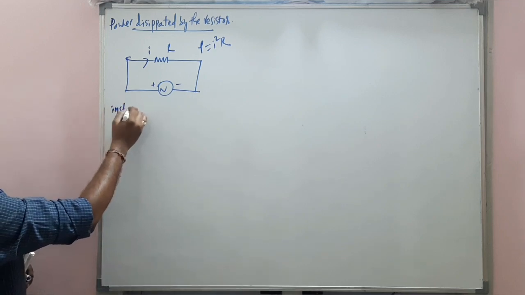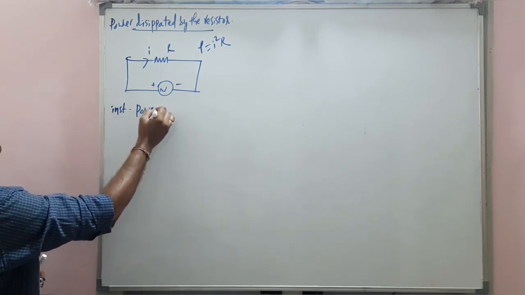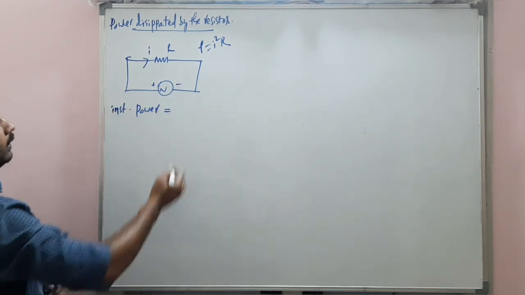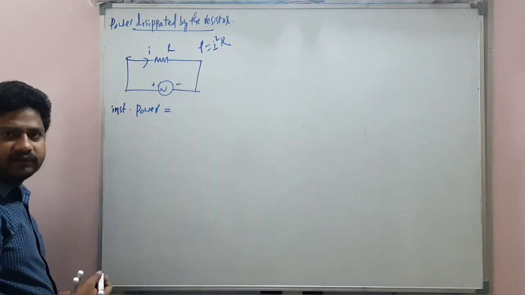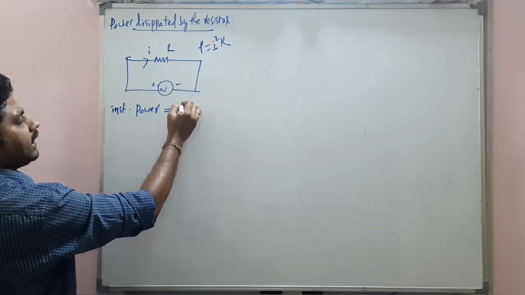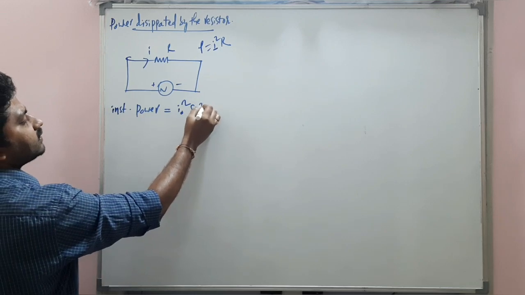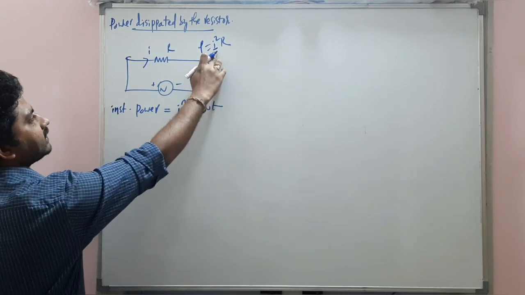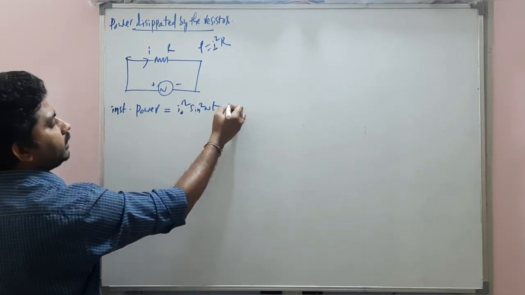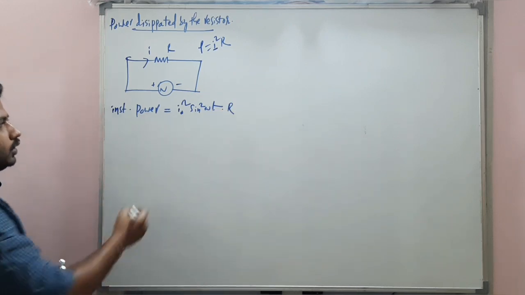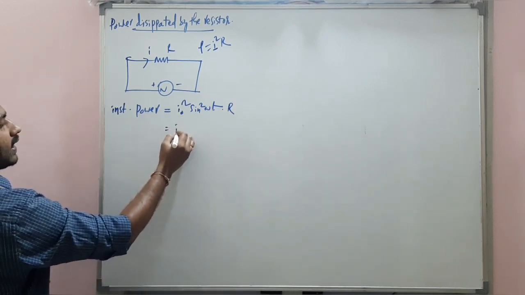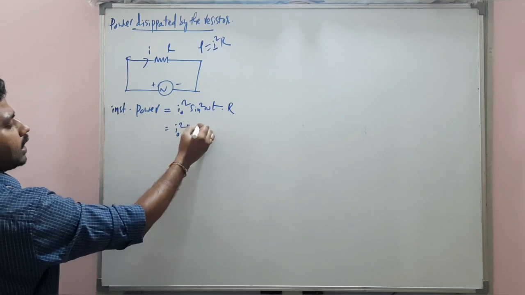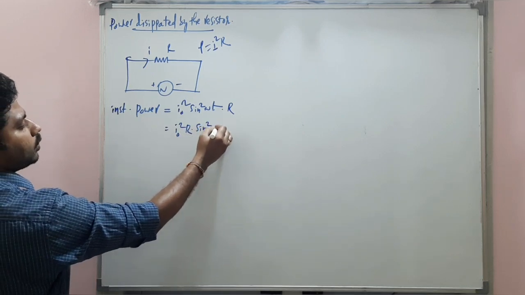Here is an interesting thing: let's concentrate on the instantaneous power consumed. When I write the instantaneous power consumed, the instantaneous current value is I naught sine omega t, so I square is I naught square sine square omega t, into R. So I can write this as I naught square into R into sine square omega t.